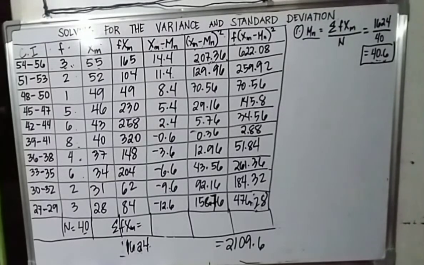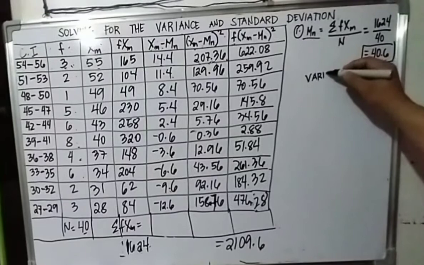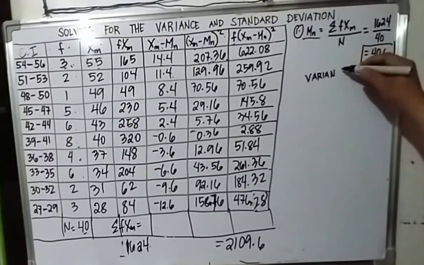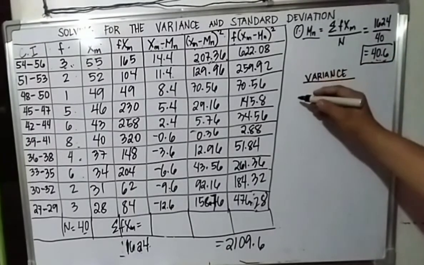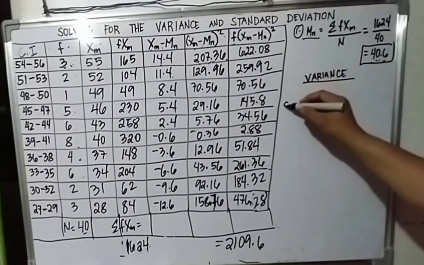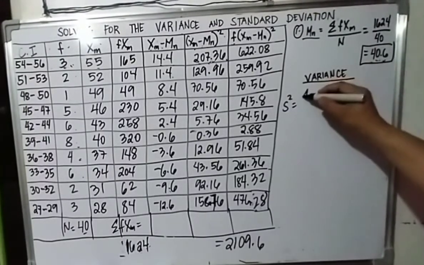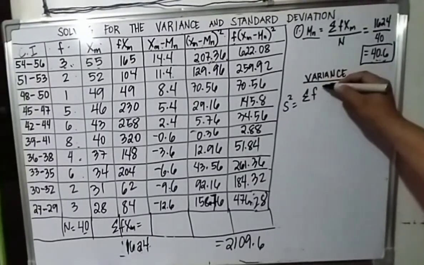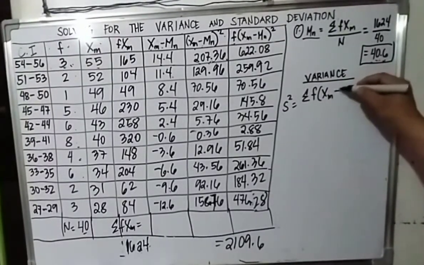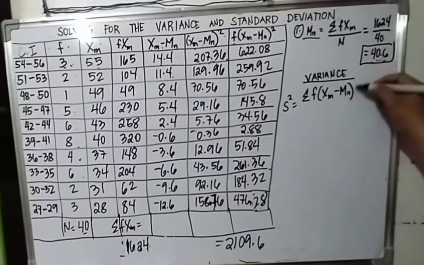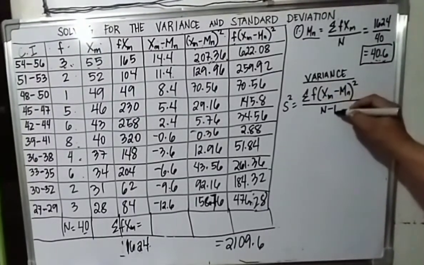Then formula for variance, that is s squared equals summation of f times the quantity of x sub m minus mean raised to 2 over n minus 1.